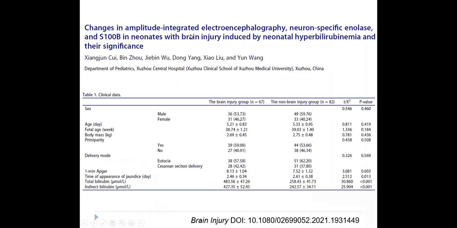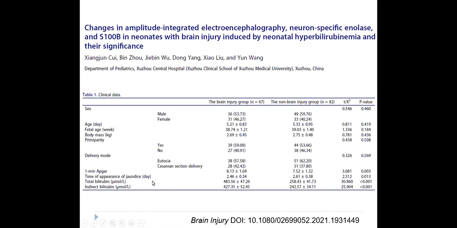Okay, and what happened with the aEEG? Change in amplitude integrated electroencephalography, neuron-specific enolase analysis, and S100B protein in neonates with brain injury induced by neonatal hyperbilirubinemia and their significance. It's very interesting research made in China. They have 2 groups, the brain injury group and the no brain injury group.